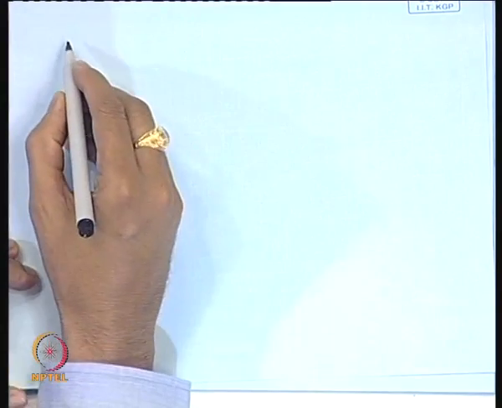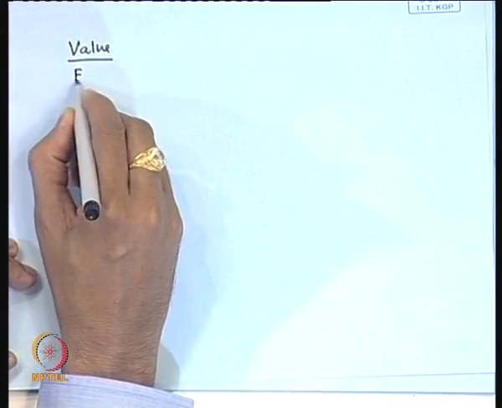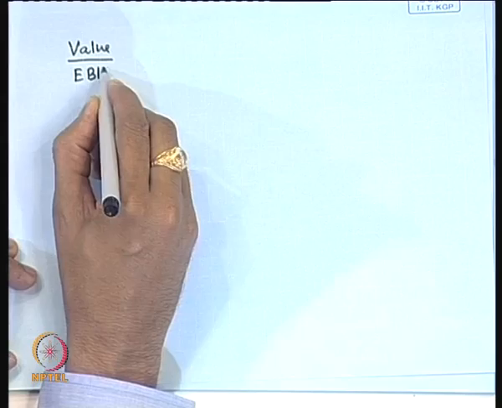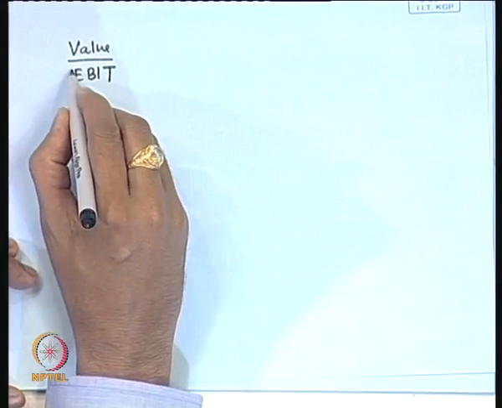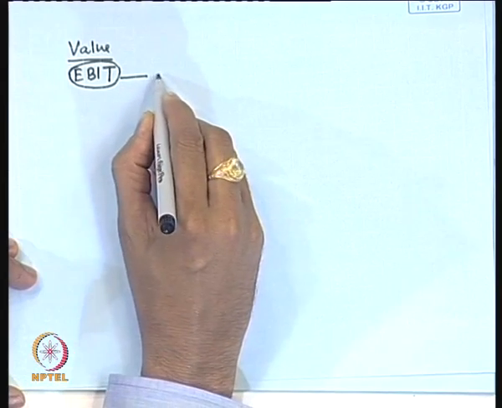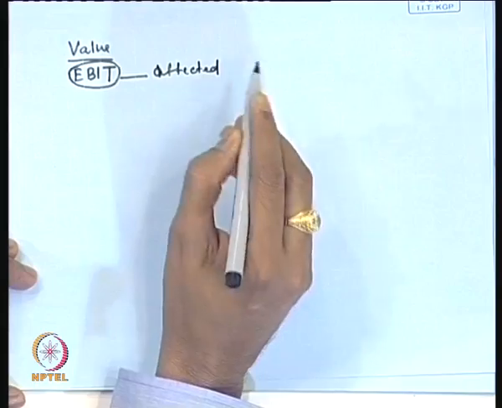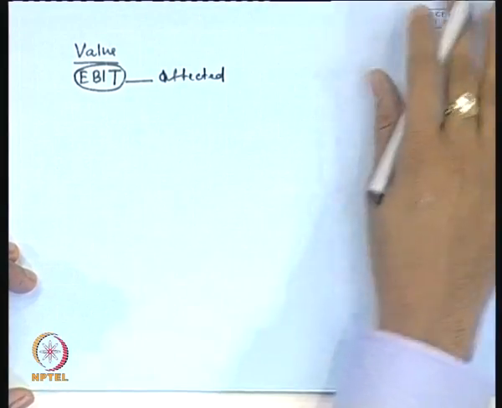There could be some extraordinary items. Let us say we are having a valuation multiple like value of the company to earnings before interest and tax. As we know, this earnings before interest and tax can be affected by certain extraordinary items that are typical to a particular company in that particular year.